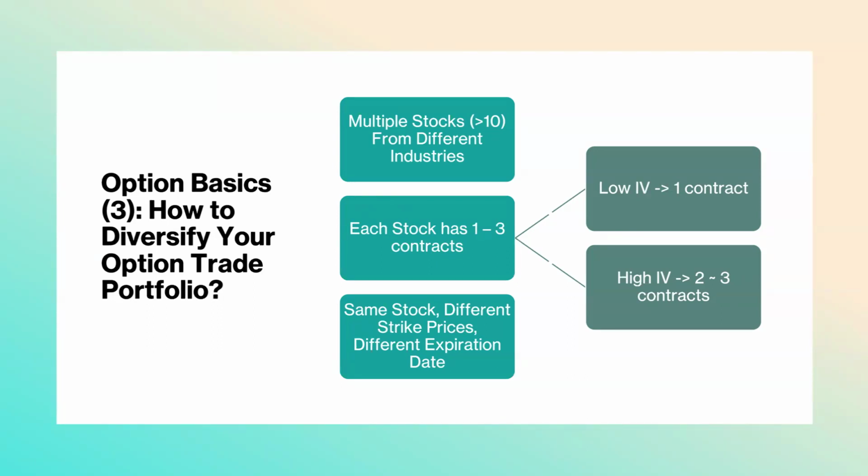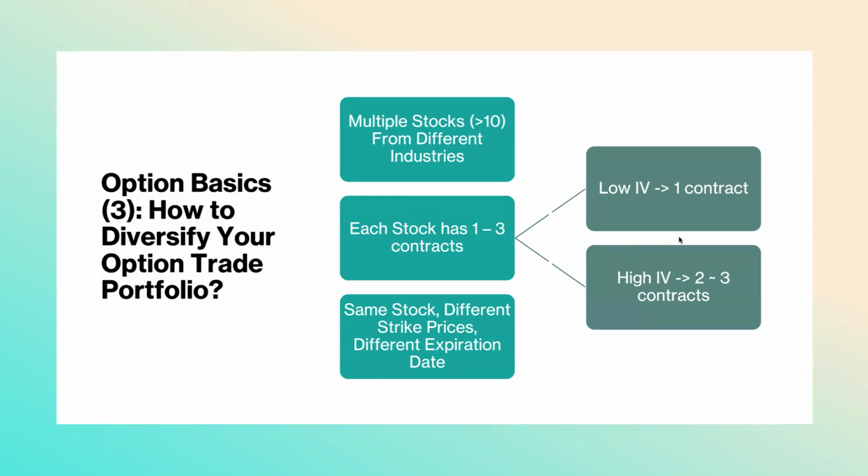Of course, if you have less than 50K, it is impossible to own that many stocks, but at least sell puts for more than 10 stocks from different industries. And for each stock, only sell 1 to 3 contracts. So if one stock goes down, it doesn't drag you down too much. From a few slides ago, we know high IV stocks give you high ARR, and ARR is our North Star.